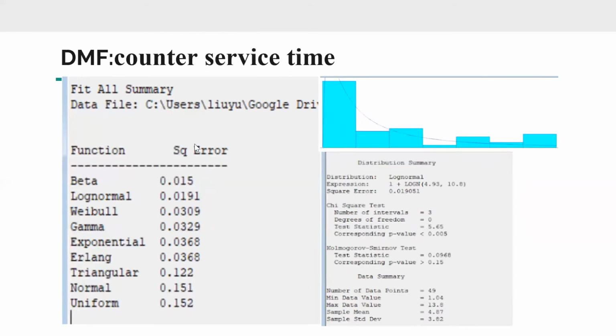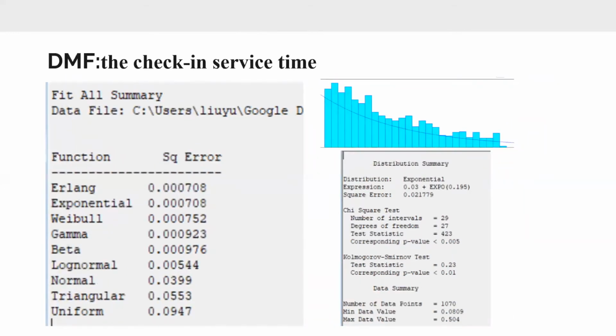For the counter service time, we also favor the lognormal distribution with intercept 1, mean 4.93 and variance 10.8 in consideration of the data skewness. For the check-in service time, the exponential distribution with intercept 0.03 and mean 0.193 had the lowest MSE with decent model simplicity. Next, I pass to Yuqian for the simulation.